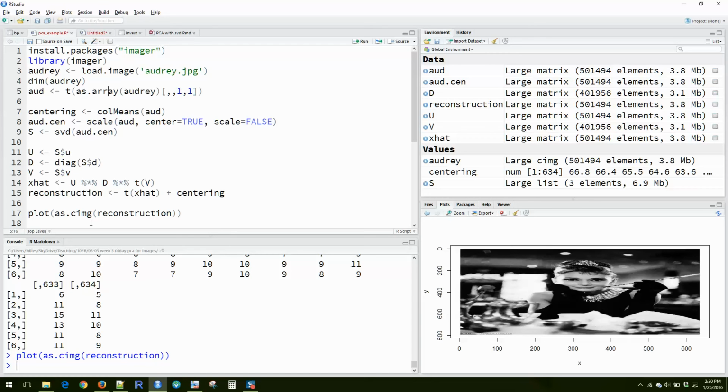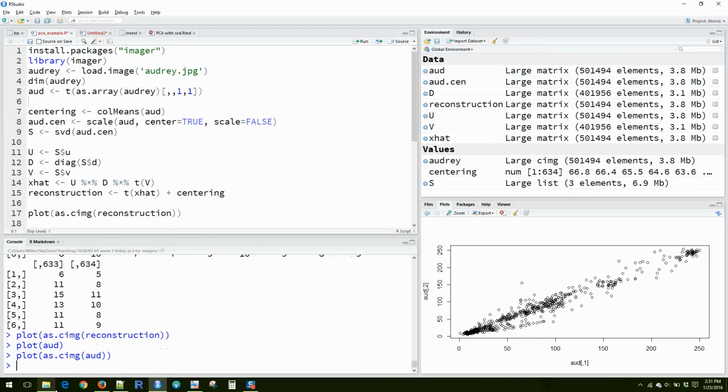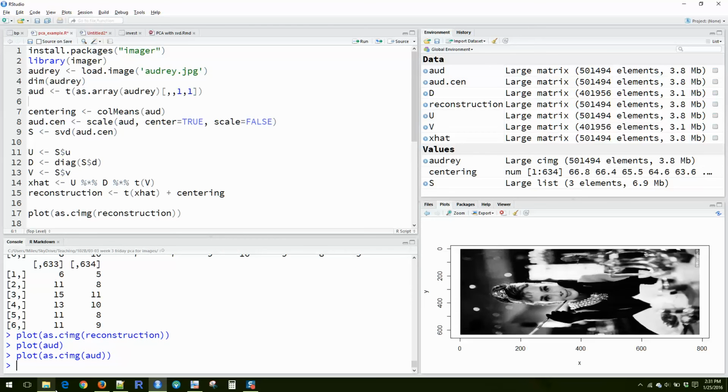And when we extracted the matrix and if we just said plot the Audrey matrix directly, it doesn't look like Audrey Hepburn, okay? This is not Audrey, all right? So you have to tell it, using the imager function, to take this matrix and read it in as values of brightness and whatnot, okay?